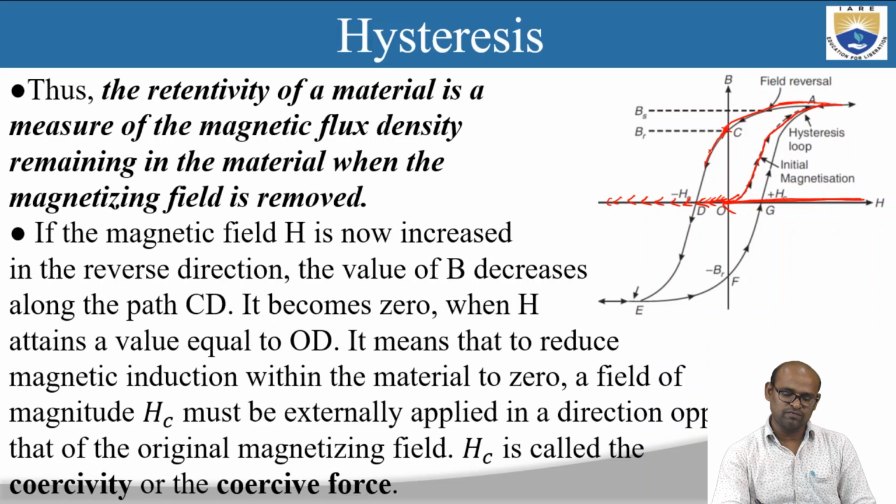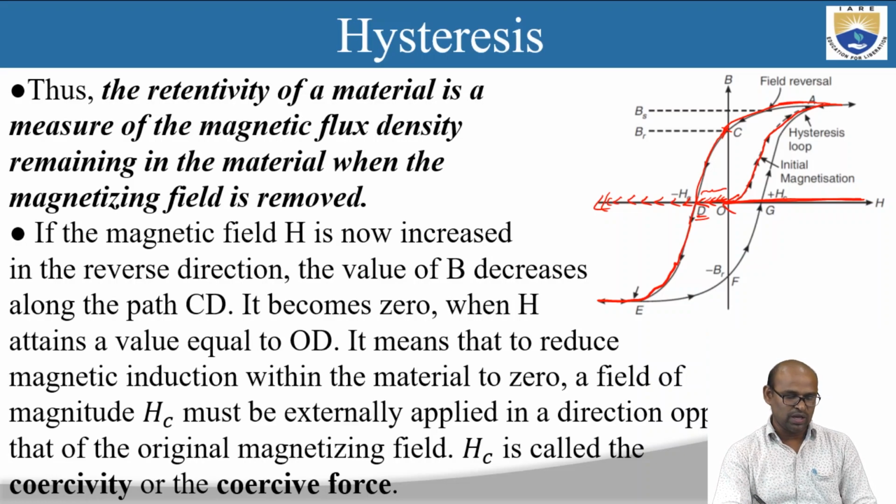As I increase further and further, the magnetic field induction decreases to 0 at some point D. As I increase further, the magnetic field induction decreases further, and again it reaches saturation in this direction. So the magnetic field that is required to destroy the residual magnetism is called the coercive force.